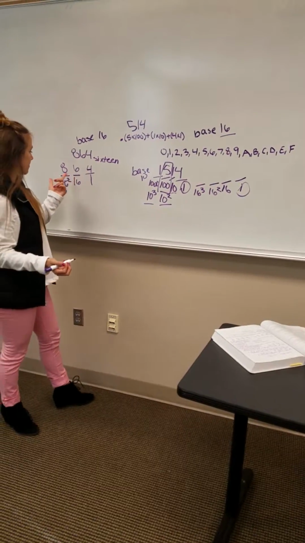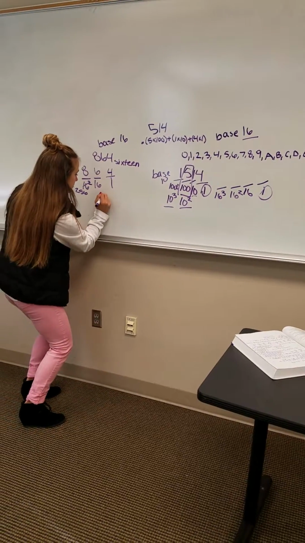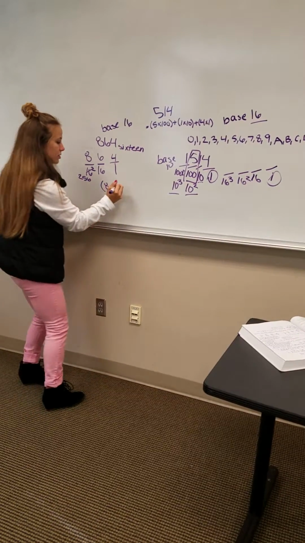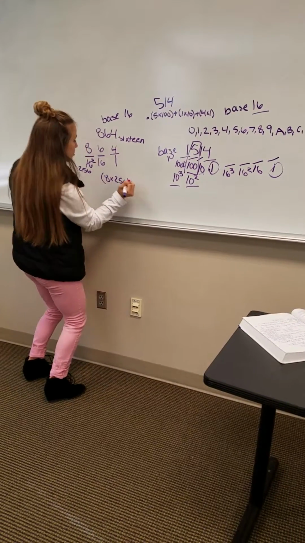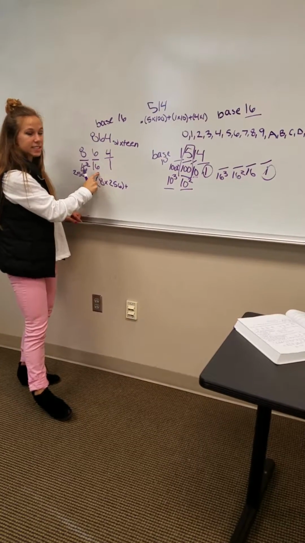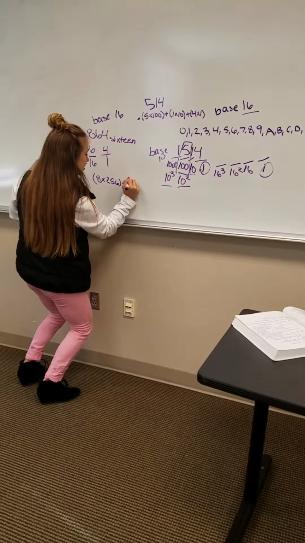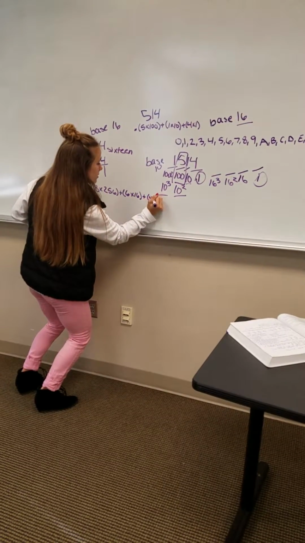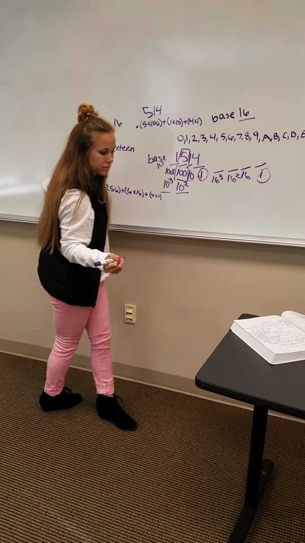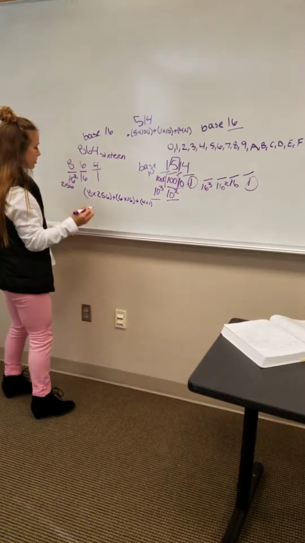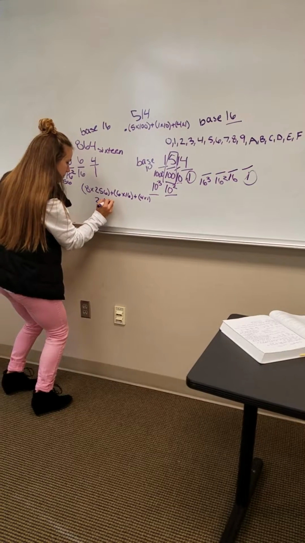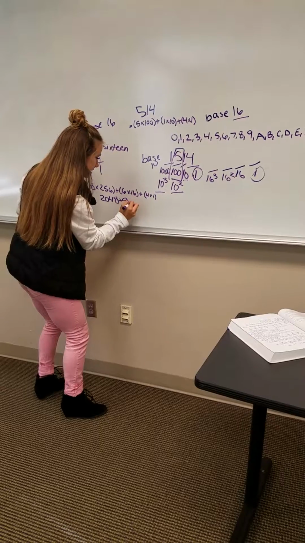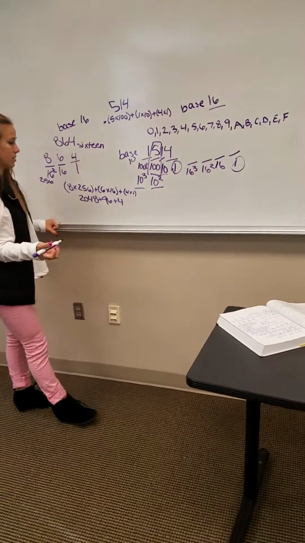Now doing the same thing for this, we're going to get 8 times, as we figured out, 16 squared, 256, plus 6 times 16, plus 4 times 1. If we do that, we get 2,048 plus 6 times 16, 96, and then 4 times 1, 4.